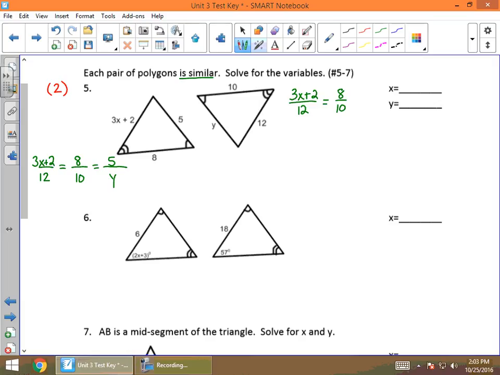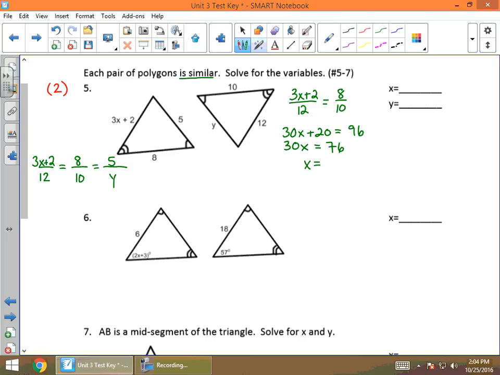And I'm going to cross multiply. So 10 times 3x plus 2 would be 30x plus 20, and 12 times 8 is 96. Subtract 20 on both sides. So 30x is equal to 76.